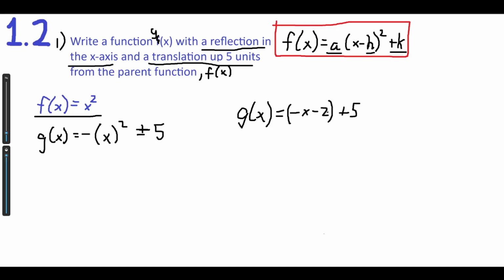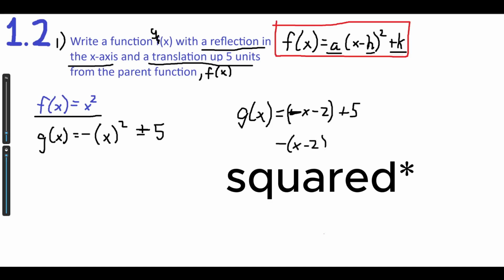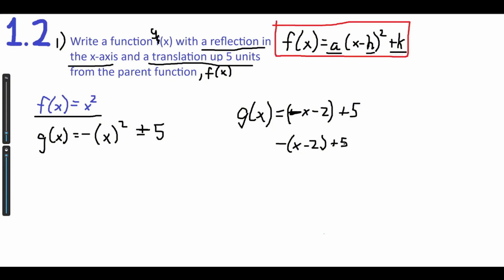Now this is wrong, because this actually reflects it across the y, which is not what we want. So we want to erase this, and actually write it as negative the quantity x minus 2 squared plus 5, because then that actually translates it to the right.